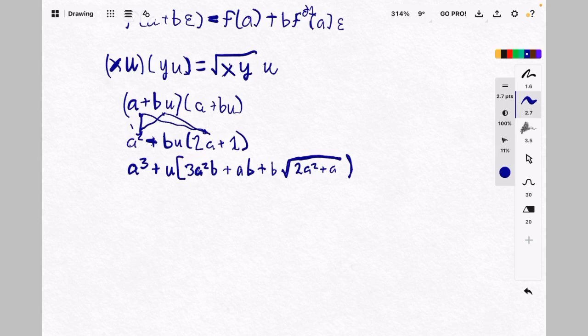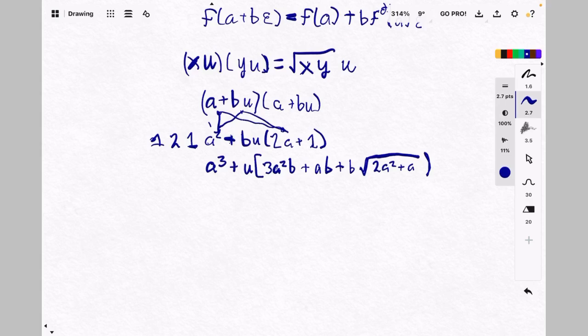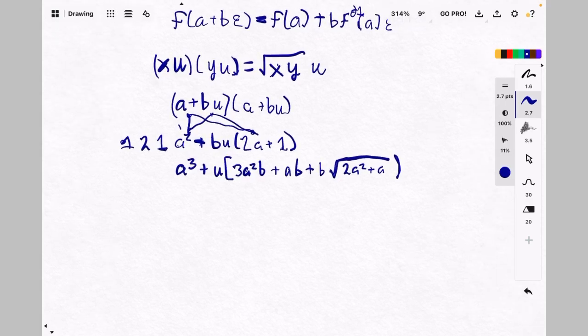I noticed that this was similar to the binomial coefficient. Why am I not allowed to draw here? There we go. 1, 2, 1. And then similar to the coefficient for 3, I saw the 1. Why am I not allowed to draw?